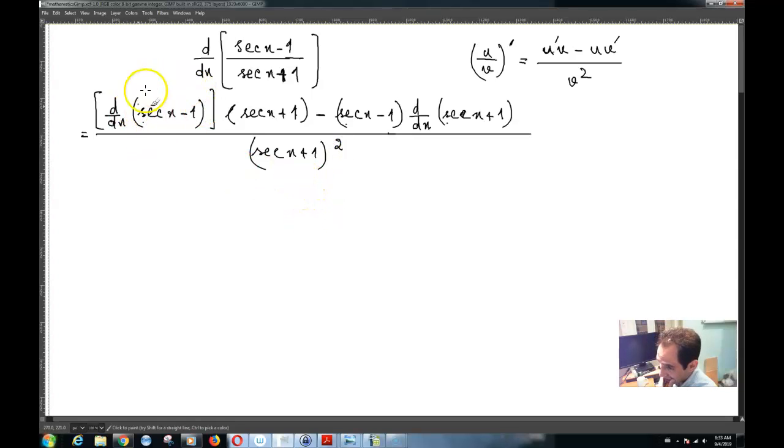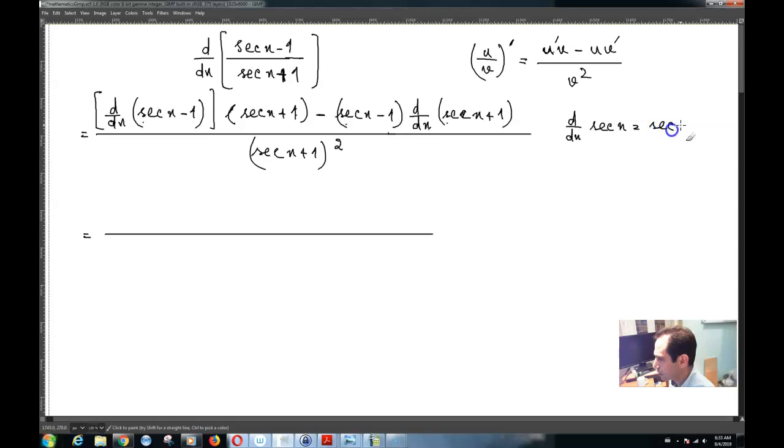Now d by dx of secant x minus 1 is the same thing as, so you know that d by dx of secant x is equal to secant x tan x.